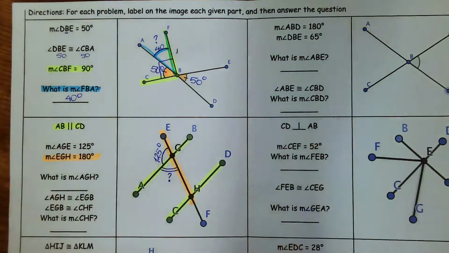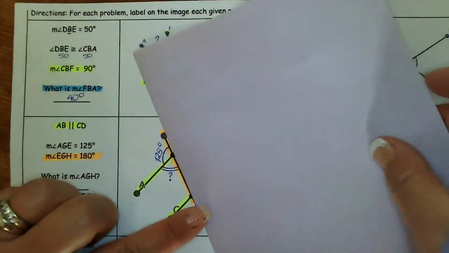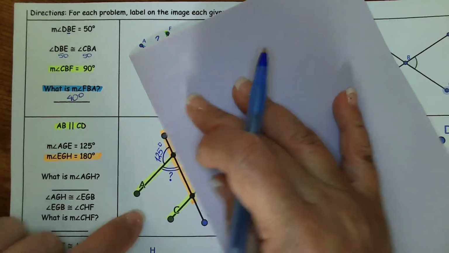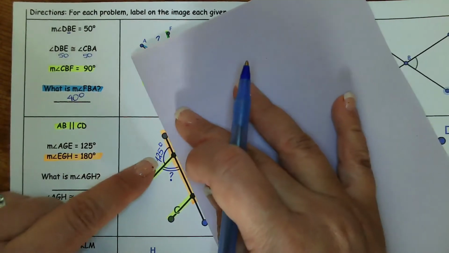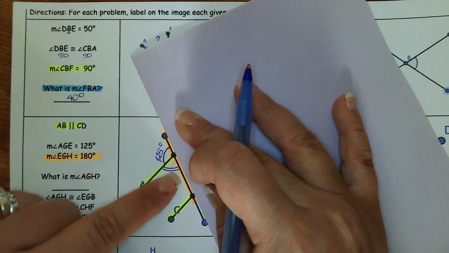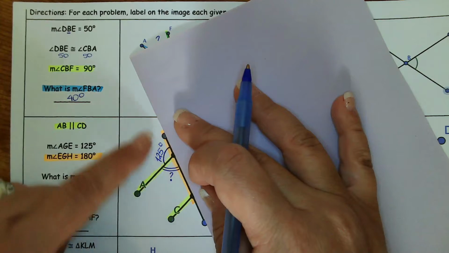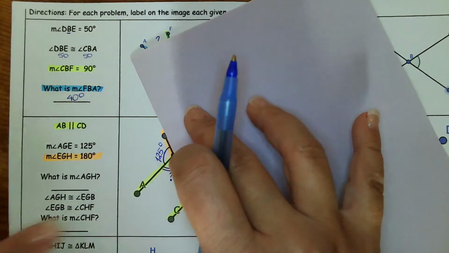So if I look at the straight line, 125 is the angle AGE or EGA. The angle next to it or adjacent to it is supplementary. Supplementary angles add up to 180 degrees. So to find this angle, we need to have 180 minus 125, 55 degrees.